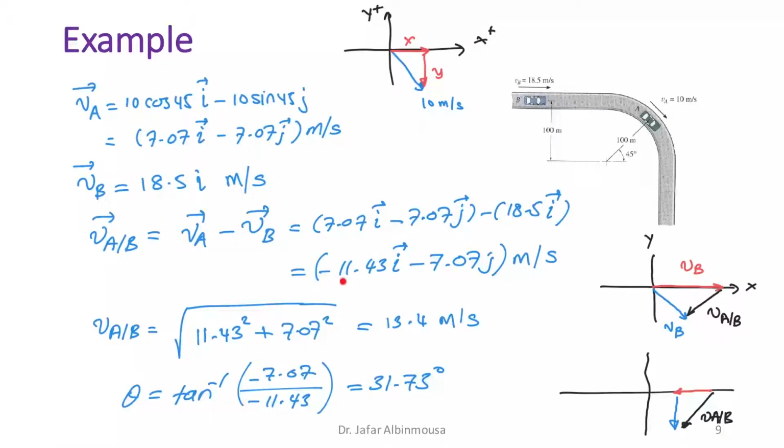We got negative i and negative j. The angle is measured here. That's the angle, which is supposed to be theta. And clearly, this angle is measured from the negative x downward like this. This is theta.